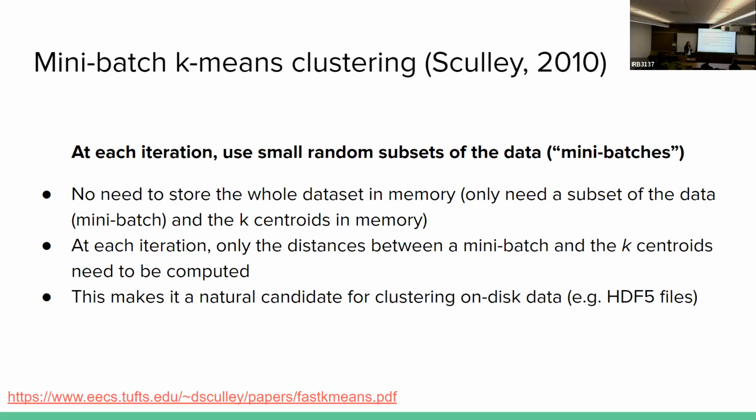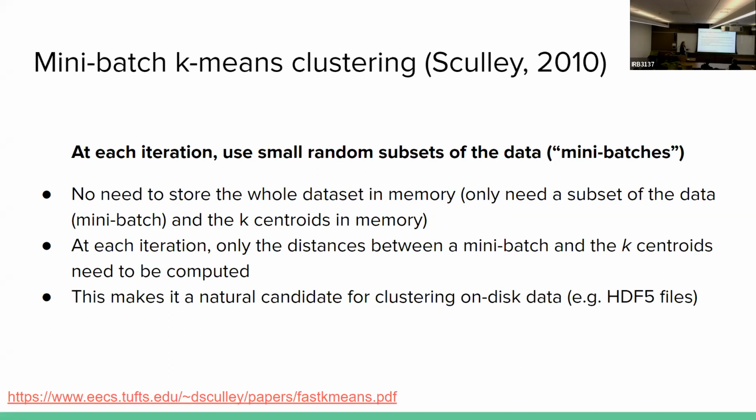I'm going to estimate my centroids, and I'm going to throw that out. Then I'm going to load in the next 1%, update my centroids, throw that out. Load in the next 1%, update my centroids, and throw that out. So over the course of the algorithm, you do traverse the whole data set. And at the very end, once you have your final centroids, there's a final assignment step that assigns each observation to its closest centroid.